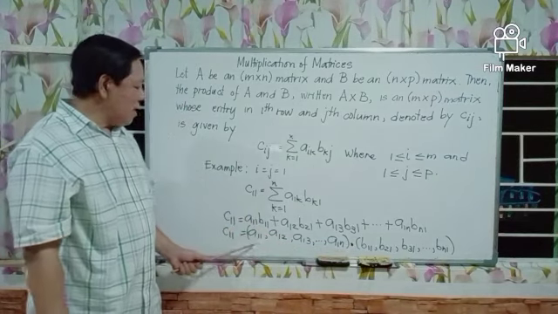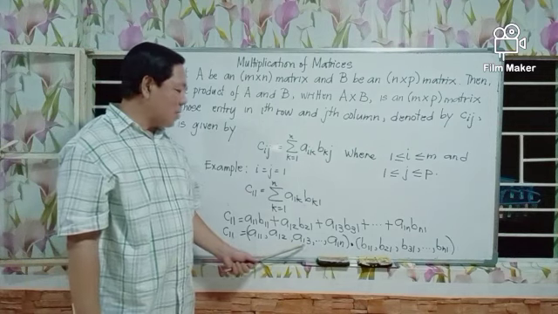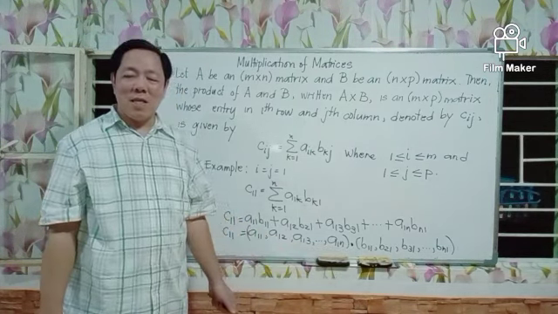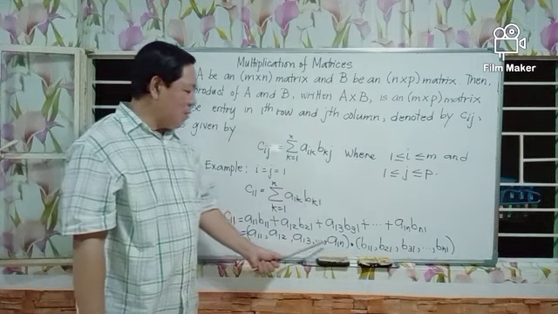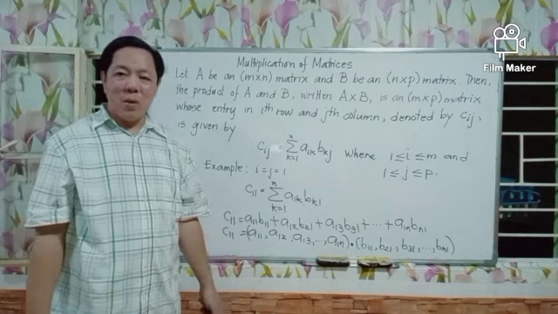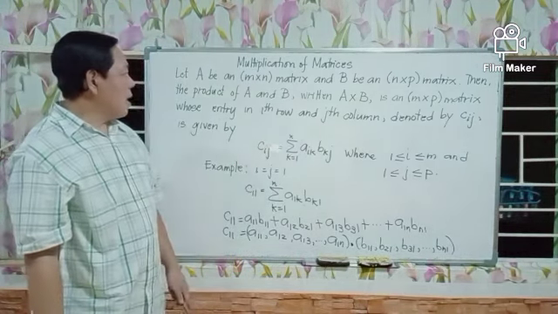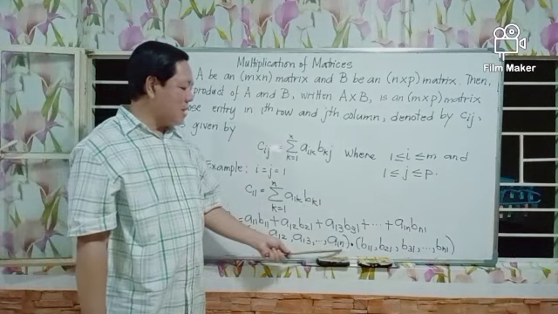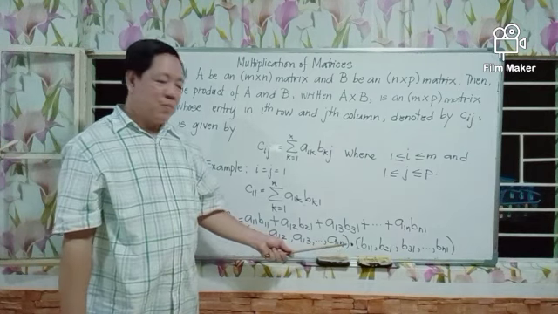And these coordinates, or these numbers a11, a12, a13 up to a1n, are actually the entries in the first row. See, all the first subscripts are the same, one. The first row of the matrix A. And matrix A has n columns. That is why the last subscript is a1n. First row and n-th column.